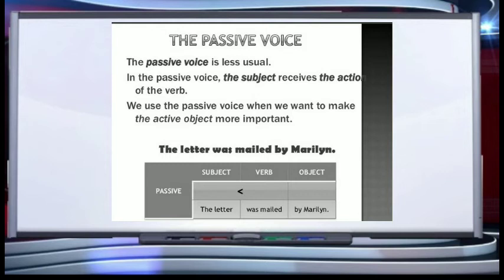Now, the letter was mailed by Marlon. In this example, if we write it in blocks, the letter becomes the subject, was mailed is the verb, and object is Marlon. So, in this particular sentence, the subject is receiving the action from the object.